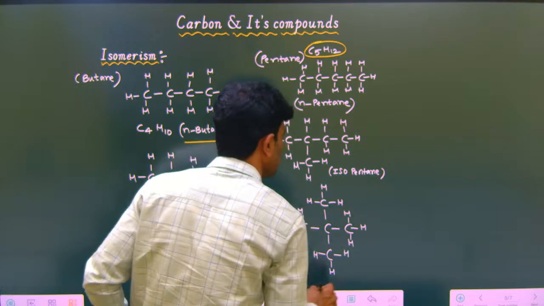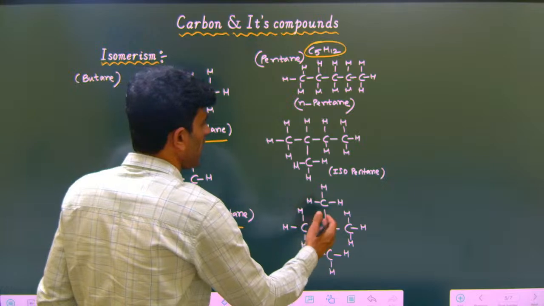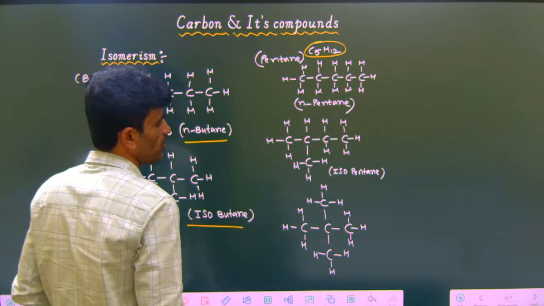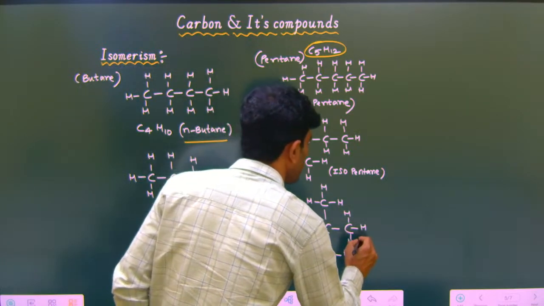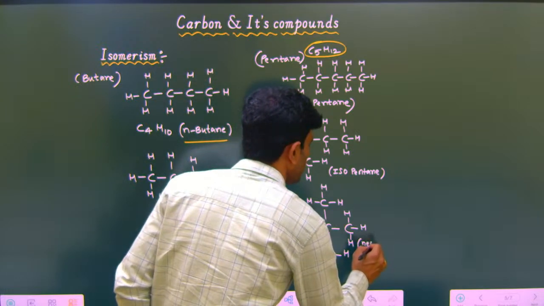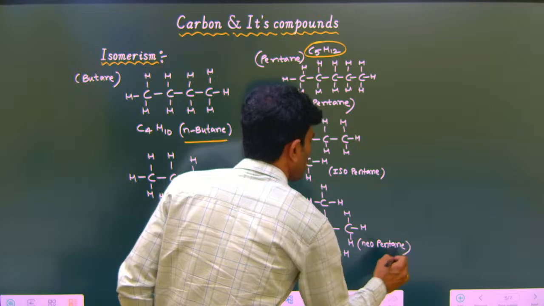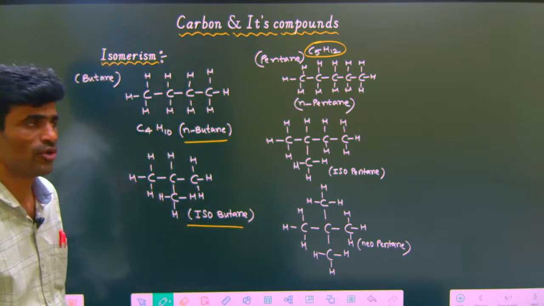So this is again 5 carbons and 12 hydrogens. So this is also the same molecular formula but a different structure. So we call it neopentane. This is the structure of neopentane.